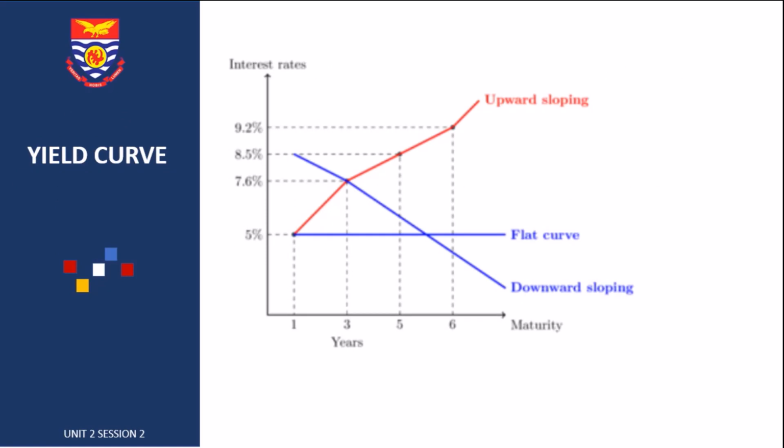So this figure shows our yield curve. We can see that we have the upward sloping curve. From 1 to 6 years, or for the 6th year, the interest to be paid on the loan is very high.